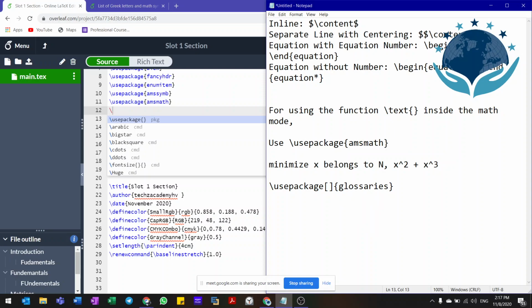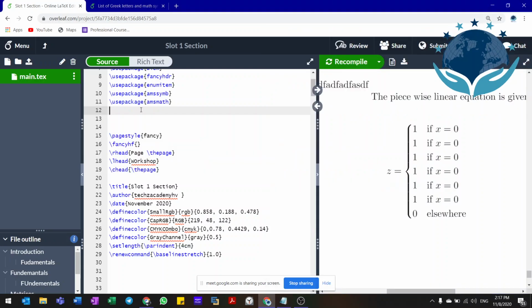Apart from that, we are going to use the acronym specifier. So now we have given use package with the specifier acronym, followed by glossaries.